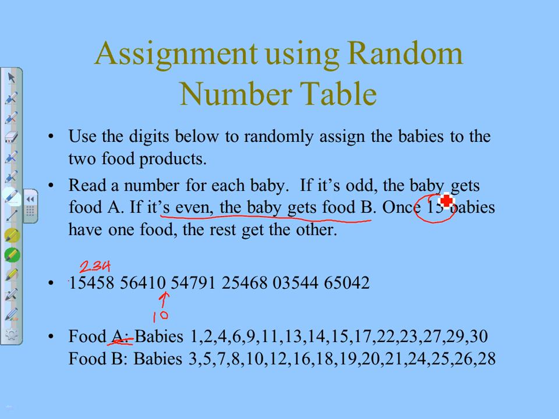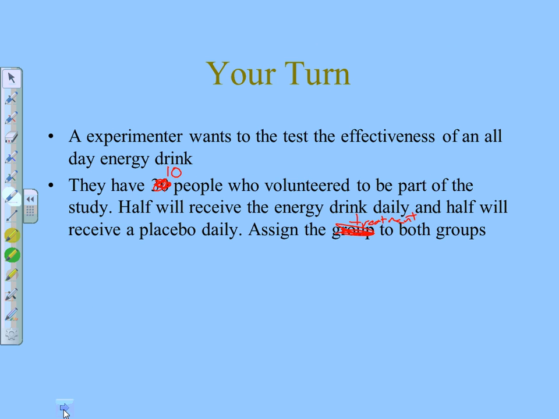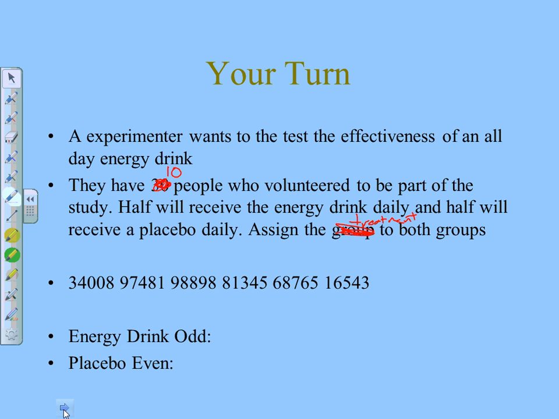So what you will do is you will do that with this situation. I want you to give the energy drink, the actual drink, to the odd numbers and the placebo to the even numbers. Tell me which people received which treatment.